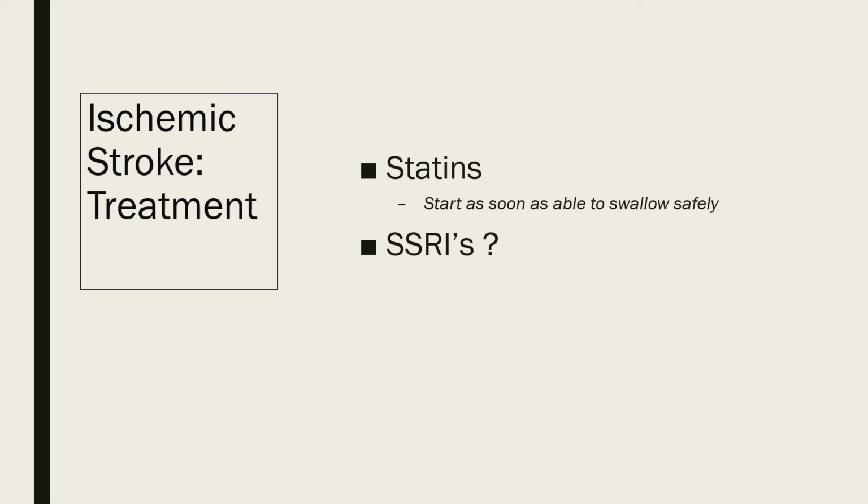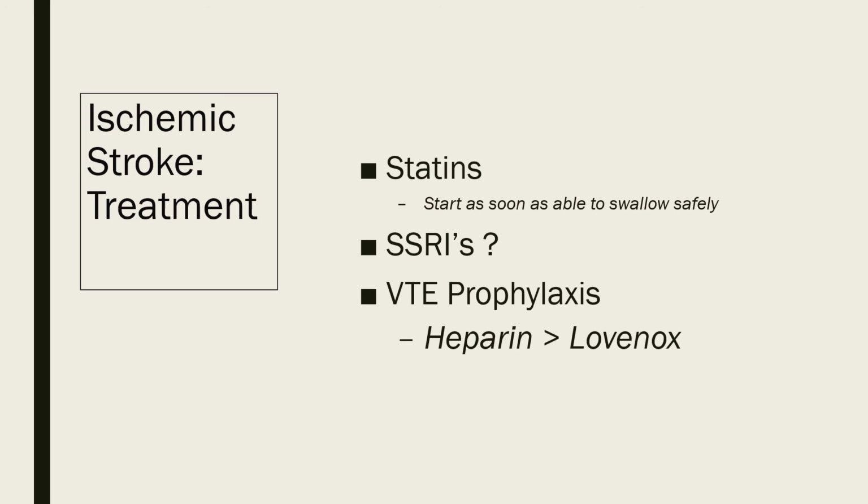Honestly, the verdict's still out on this, though. And then VTE prophylaxis. Anytime you have an ischemic stroke, typically you want to use heparin over Lovenox. That's just in case they have hemorrhagic conversion. That way you can stop it and it will reverse itself right away, or you can give protamine, whereas Lovenox is much harder to reverse.